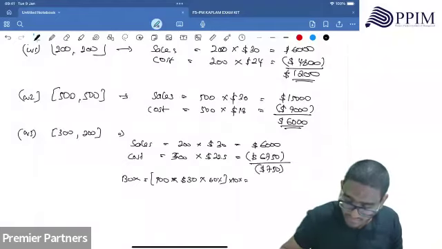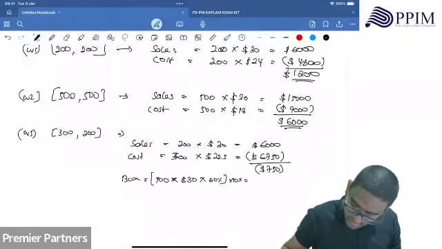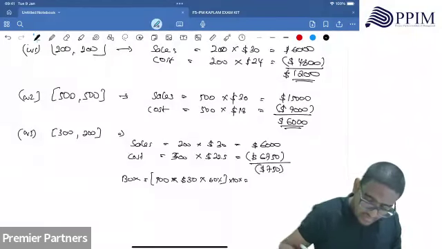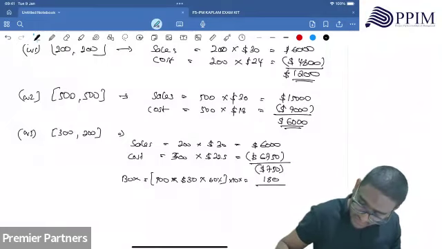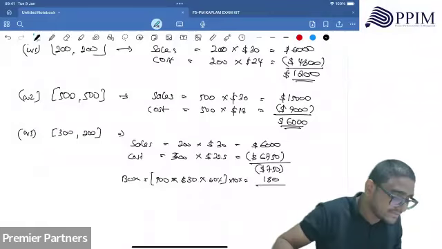Okay. So how much do you get there? 100 into 30 into 0.6 into 0.1. 180. When you net off minus 750, you get 570.